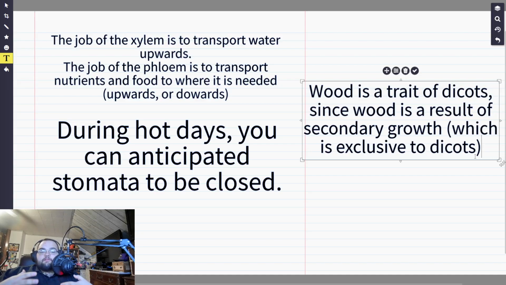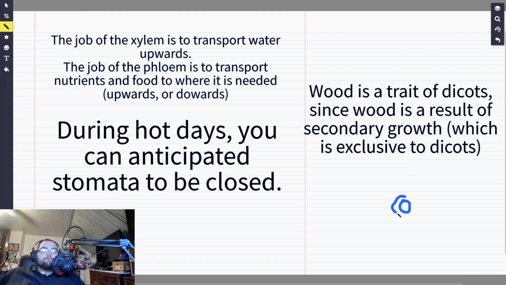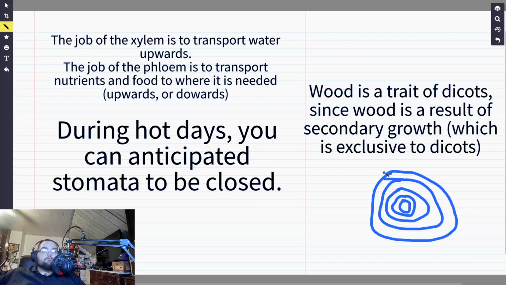So trees and shrubs and any other woody plants are dicots because they have wood. They have wood because they engage in secondary growth, where they keep making layers and layers. So again, if you remember that statement from earlier, secondary growth allows it to grow thicker. The inner layers don't leave, they're just grown around it. They don't merge, they make those rings.